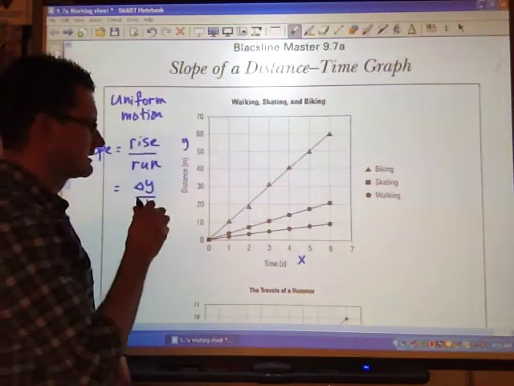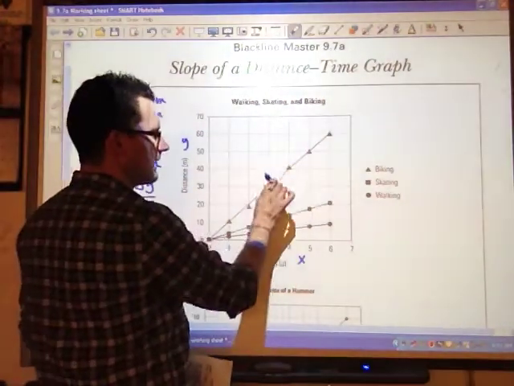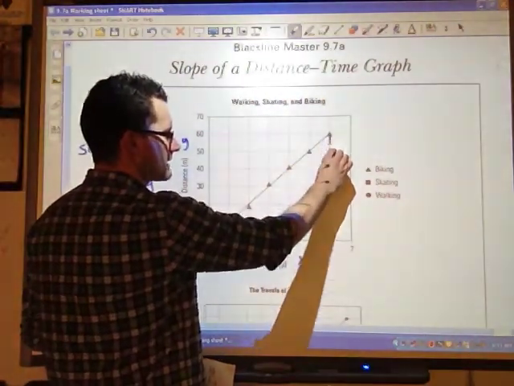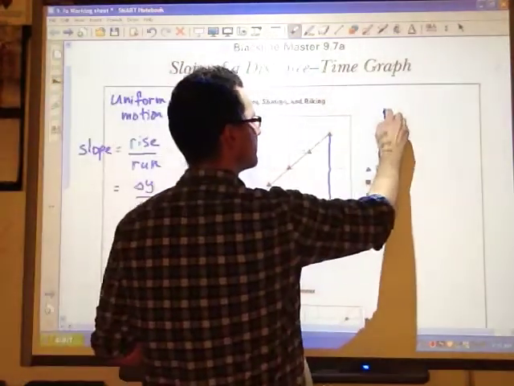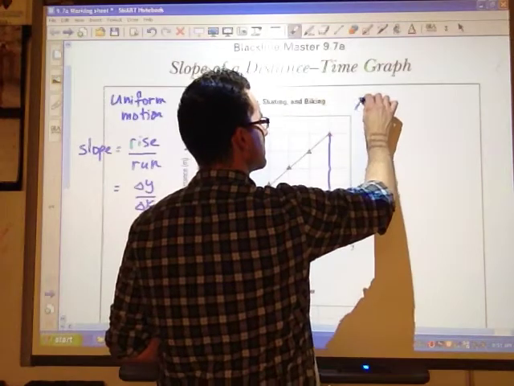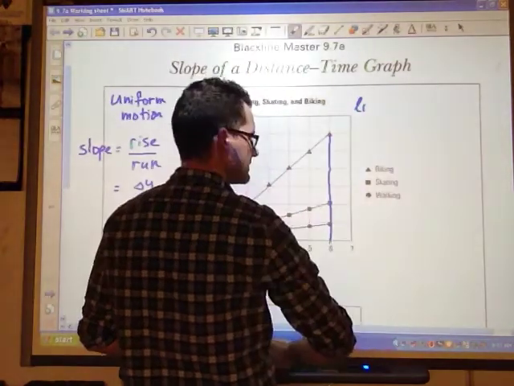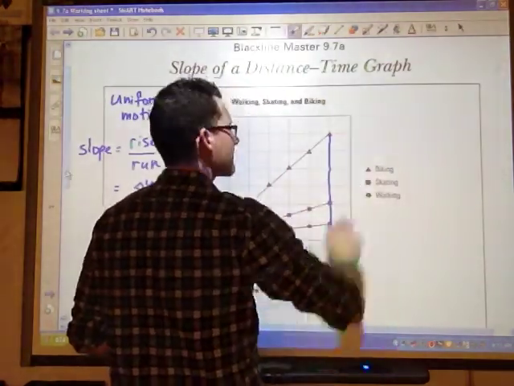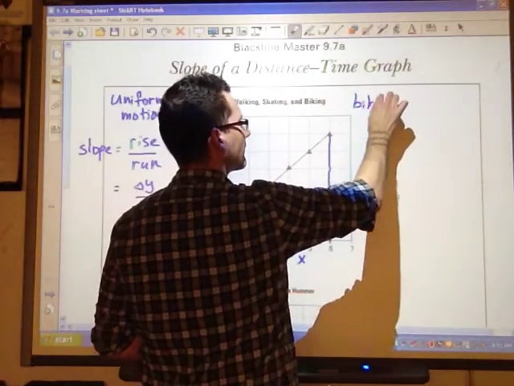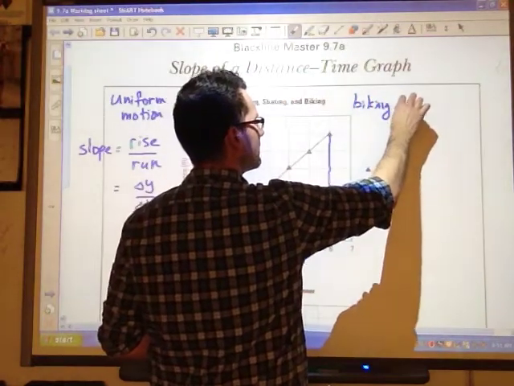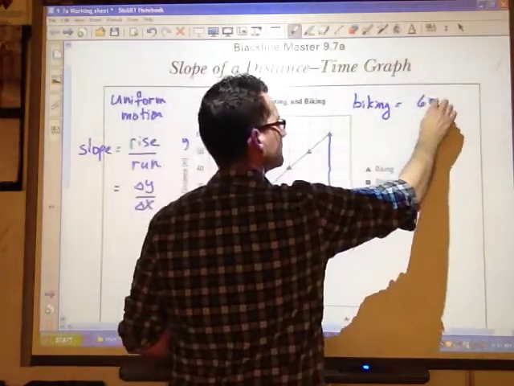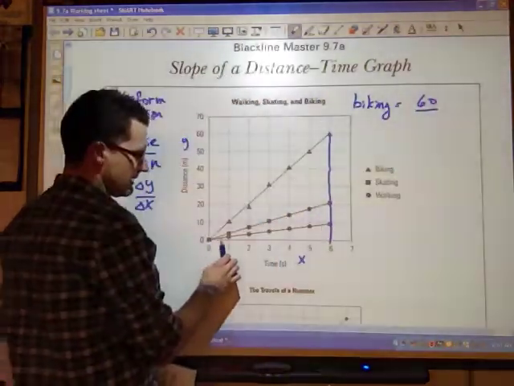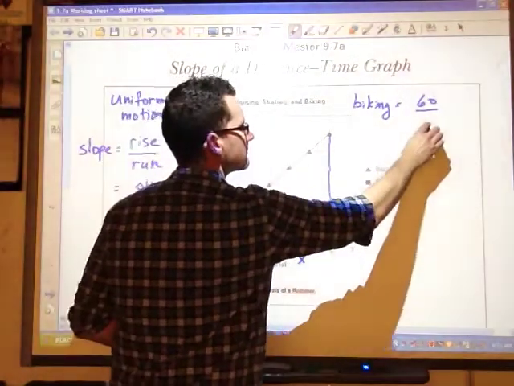So if we look at each of these lines, if I look at the biking line first, we can see that there's a rise of, in this case, 60. So let's just call it biking. It rises 60, and it has a run of 6.